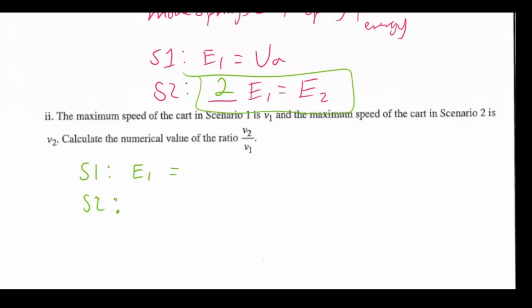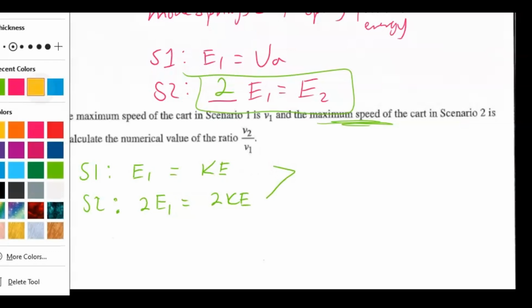It says maximum speed, and at maximum speed it's passing through its equilibrium position, so we can set this equivalent to just kinetic energy. Scenario 2 has double the energy, so it has double the kinetic energy.